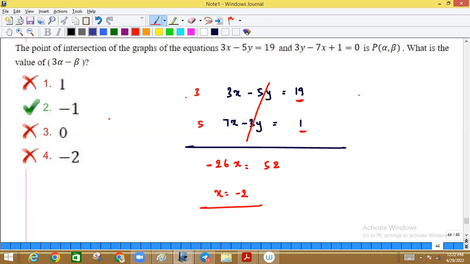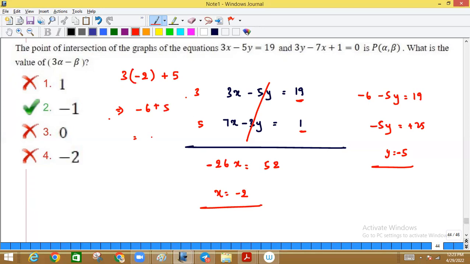If x is negative 2, minus 25, y is 5. Is that it? How much is it? Negative 1.